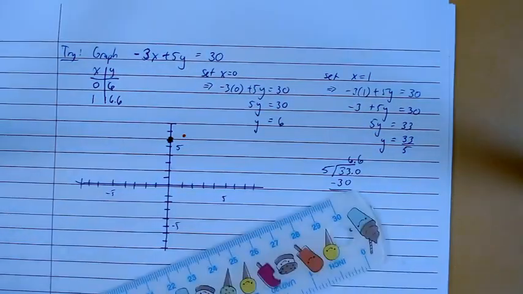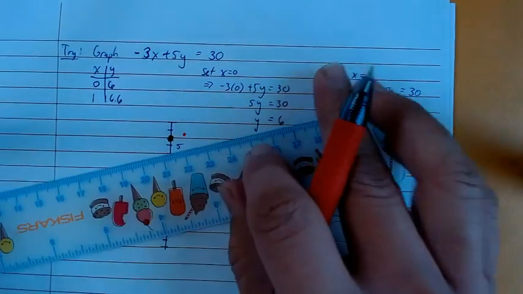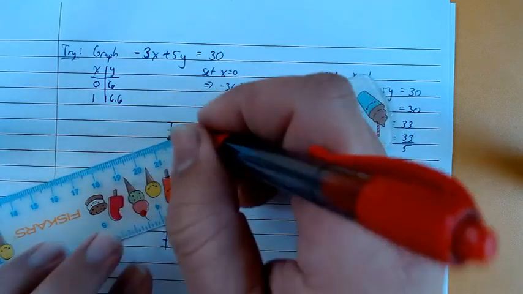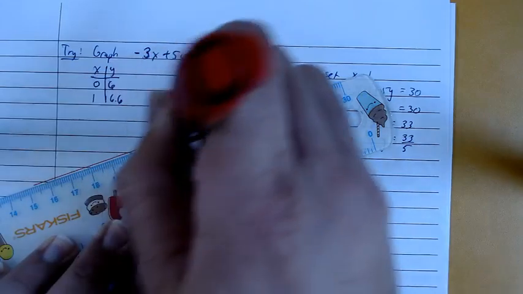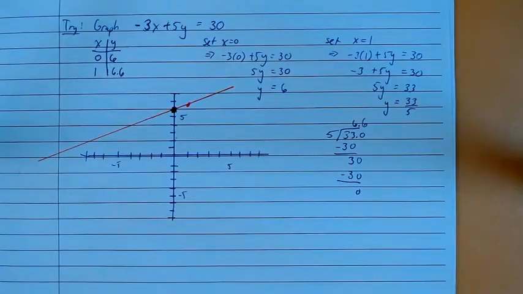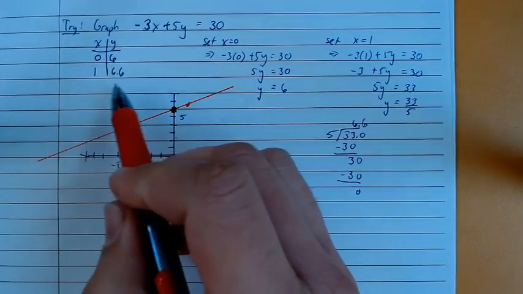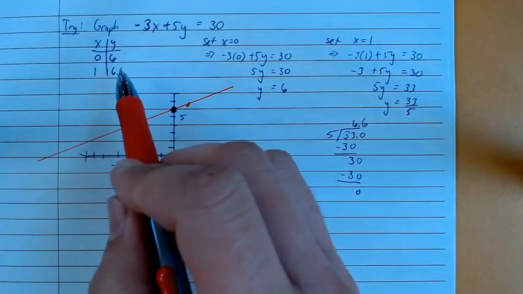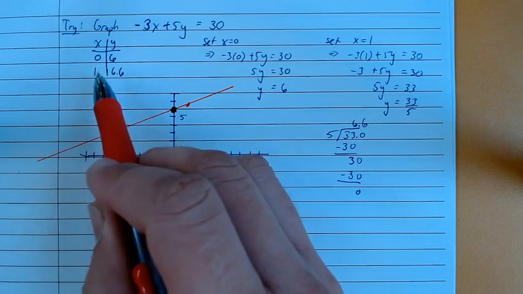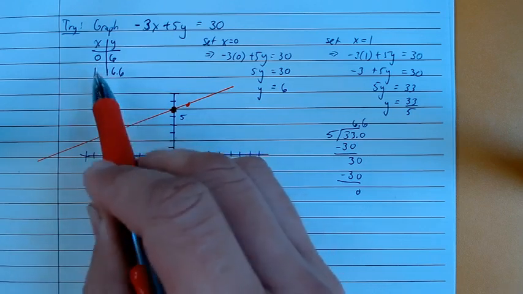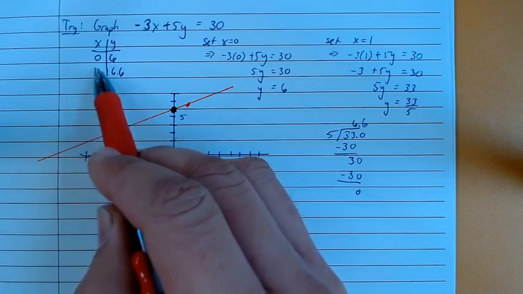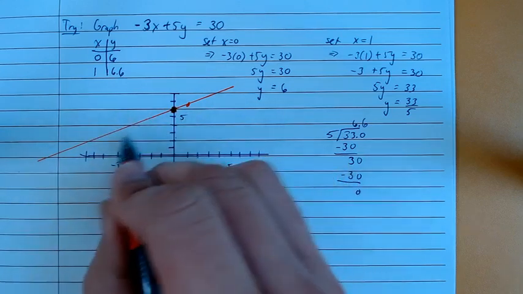Let's see here. And there's our result. You'll note that if you use a different point, if you use different numbers, if, for example, you had said x is equal to 0 and y is equal to 0, or if you happen to have said x is equal to 1 and y is equal to 5, or if you had said x is equal to 8, if you had chosen different numbers, you would get different points along this line.